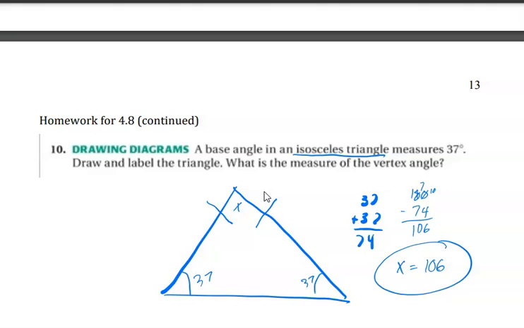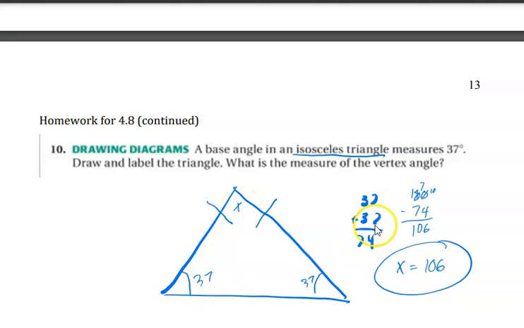When they say base angle, you have to know that those are the angles opposite the equal sides. If they tell you these are each 37, and they want to know the vertex angle, you have to know the vertex angle is the angle formed by the two legs, and it's opposite the base. You've got to know that stuff too.